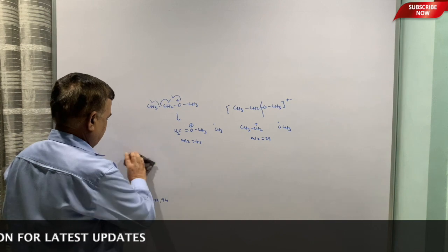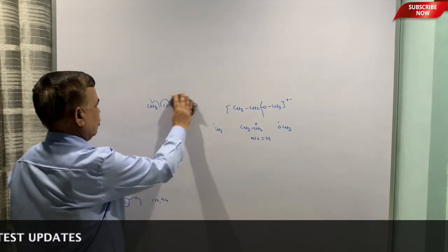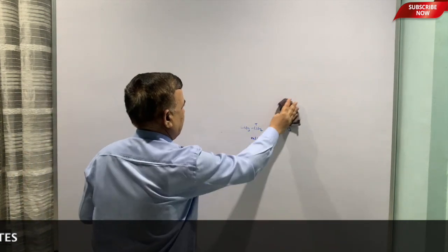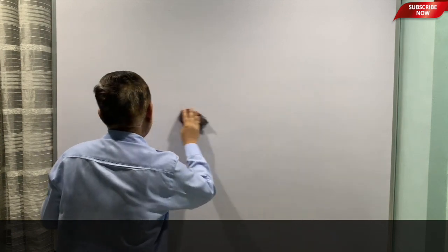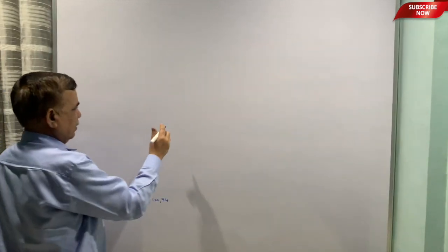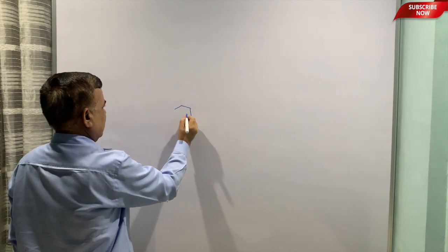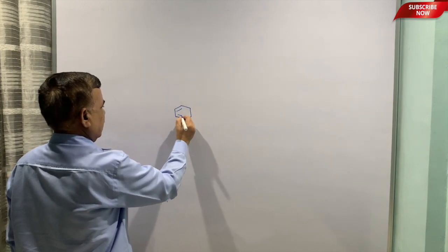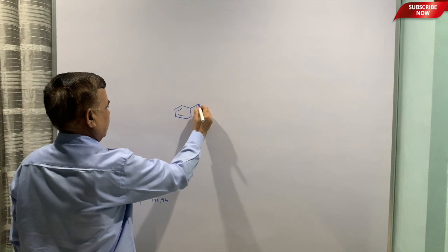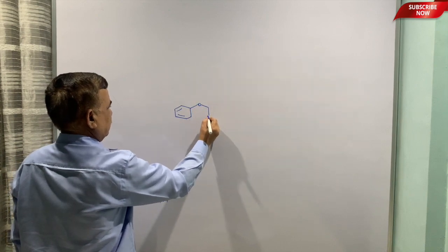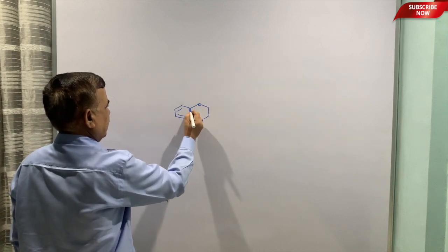One more example, that is ethoxy benzene. For this kind of compounds, the peculiar peaks are like 120 and 94. Now, since it is the first lecture, I am not going into detail, but let me put the hydrogen like this.